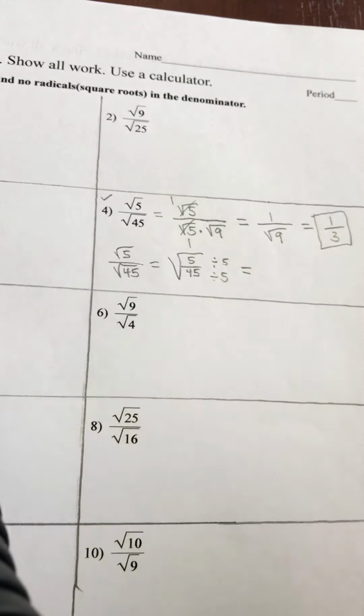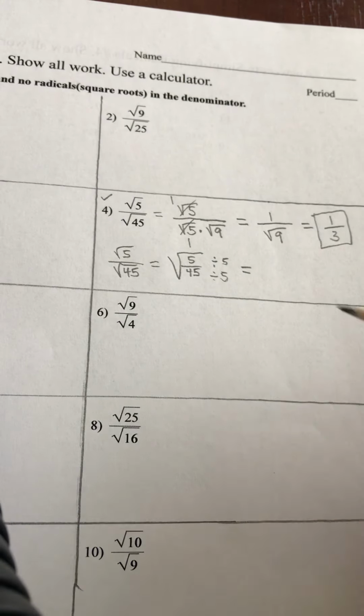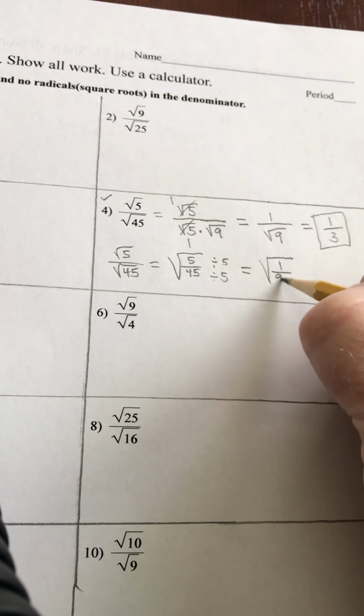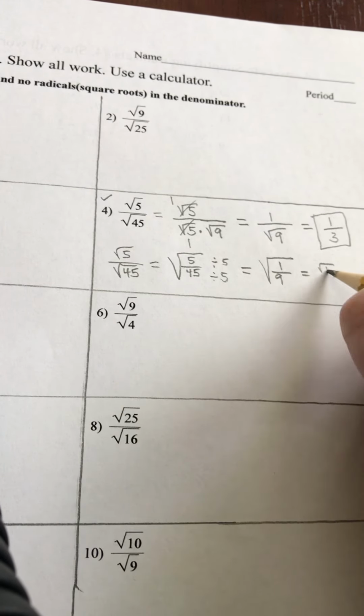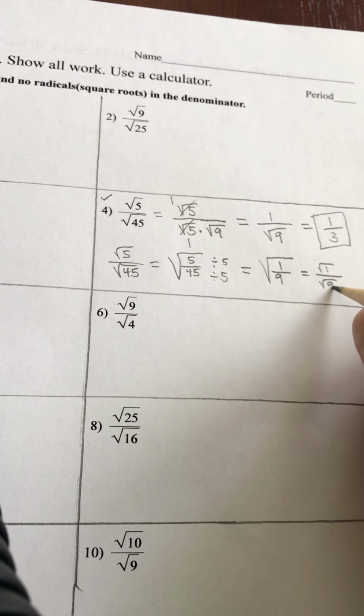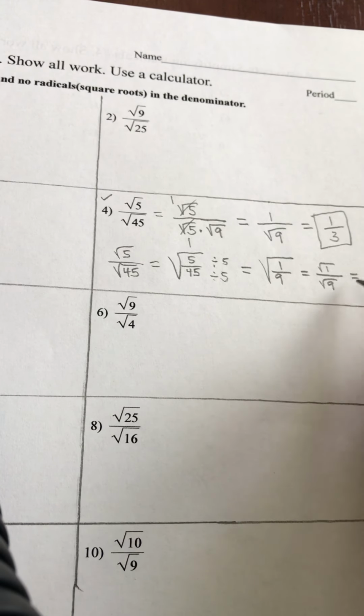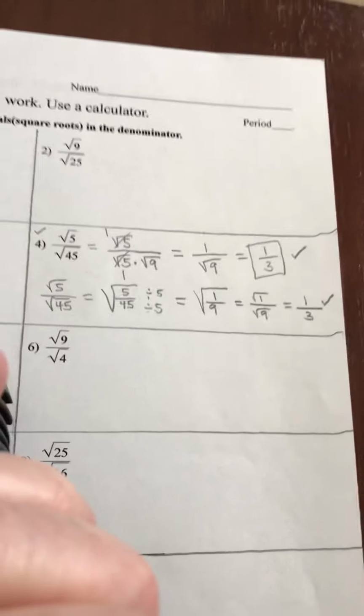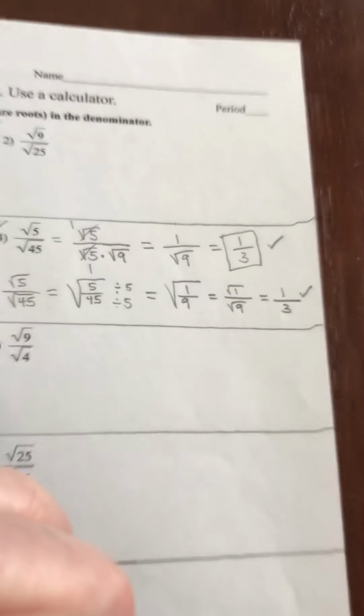They would never write that in high school, but nonetheless, this ends up being the square root of 1 over 9, which is the square root of 1 over the square root of 9. Square root of 1 is 1, square root of 9 is 3. That matches that. So there it is.